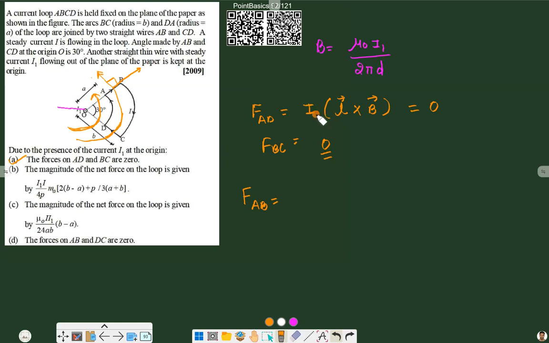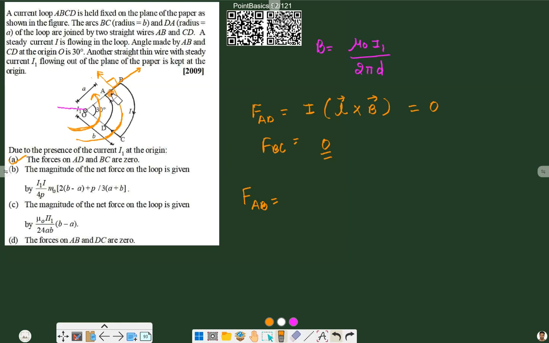According to this formula there will be a certain value of force, but it will not be easy to calculate. Why? Because from point A to point B there is a variable magnetic field. So that part will be solved using integration.